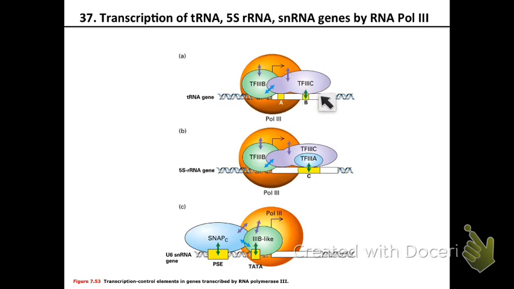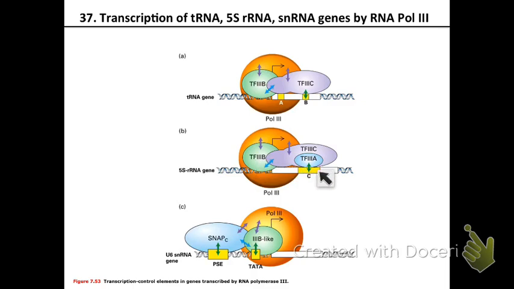TFIII. So this is an initiation protein that recognizes these sequences in what we call box A and box B at the tRNA promoters, and then interacts with additional initiation factors, then positions the RNA polymerase 3 to start transcribing here. And this is the promoter structure for the 5S RNA gene, which is also transcribed by RNA pol 3, with TFIIIB.